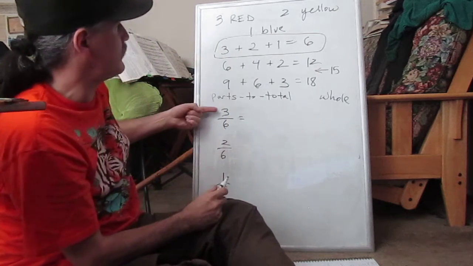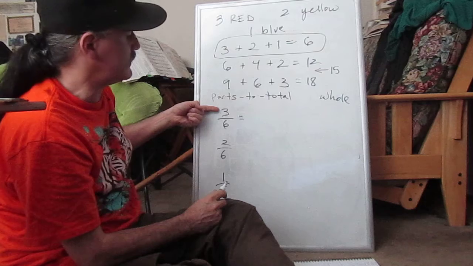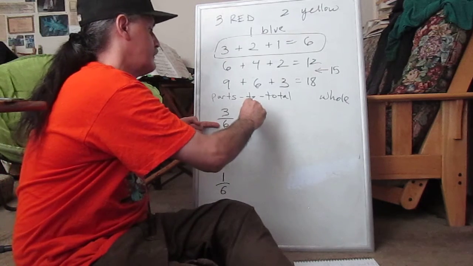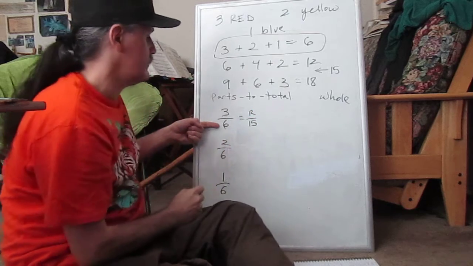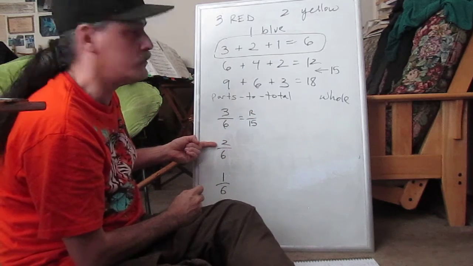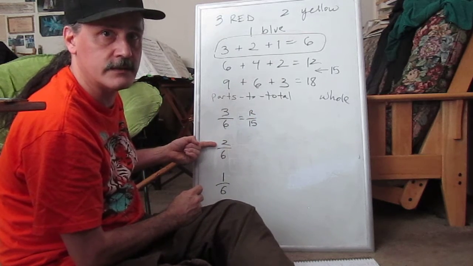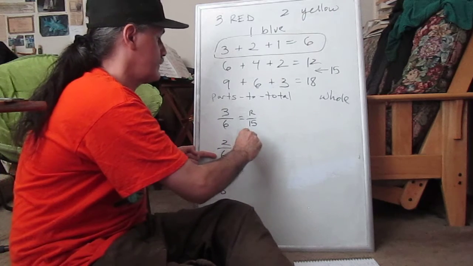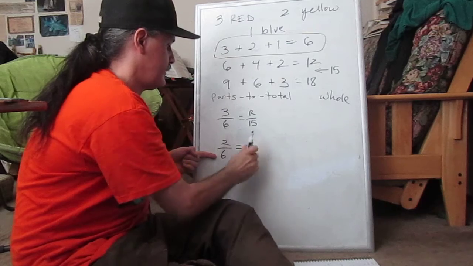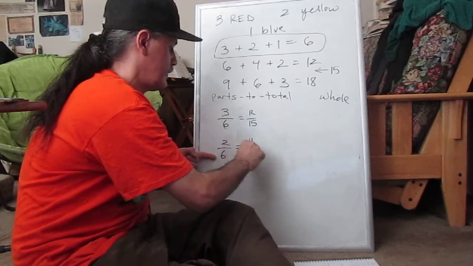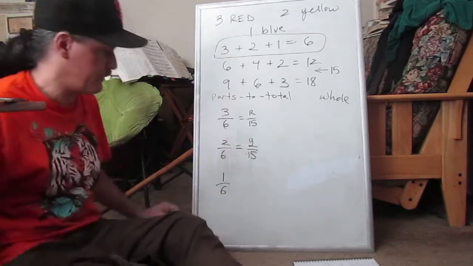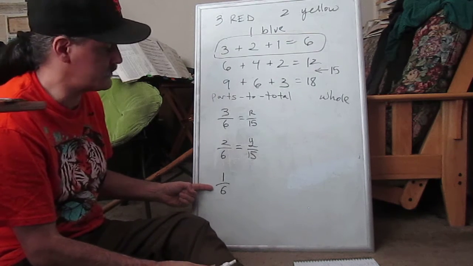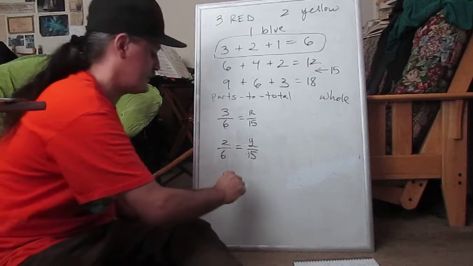Okay, so we want to figure out how much red do we need to make 15 gallons if we know that it takes 3 to make 6. How much yellow do we need to make 15 gallons if we know it takes 2 to make 6? And likewise down here, how much blue do we need to make 15 gallons if we know it takes 1 to make 6?